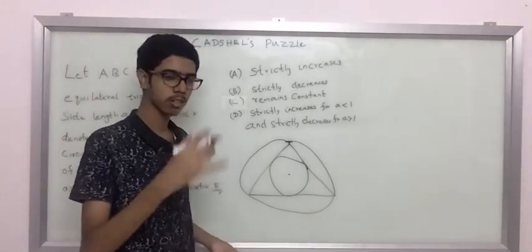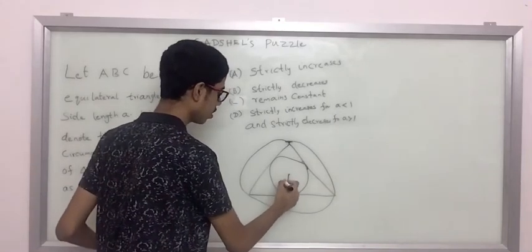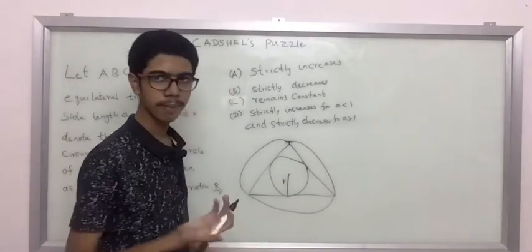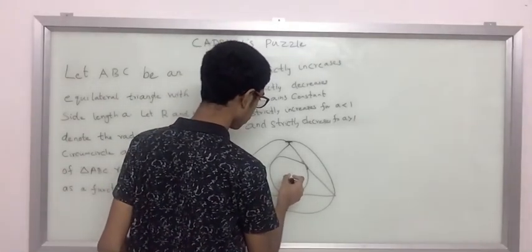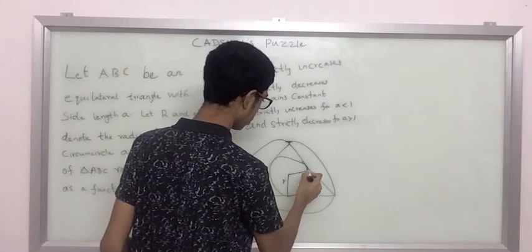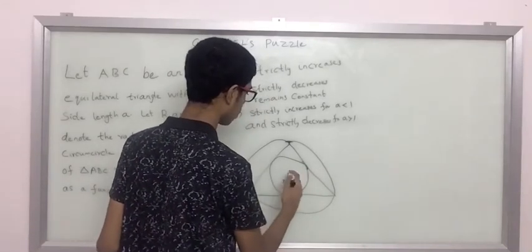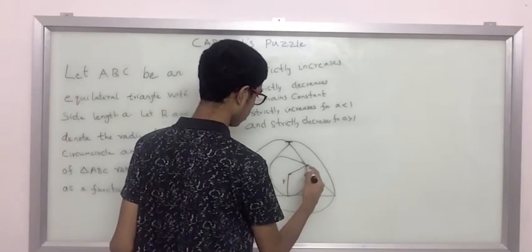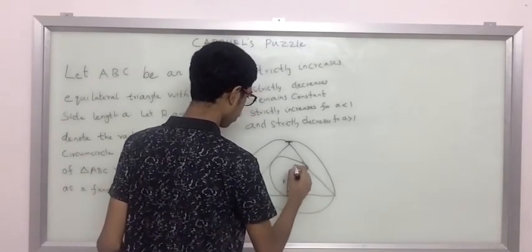Now I'll draw its radius. What is this? Small r. This should come perpendicularly. This is also perpendicular, and this is also perpendicular, and this is also r.